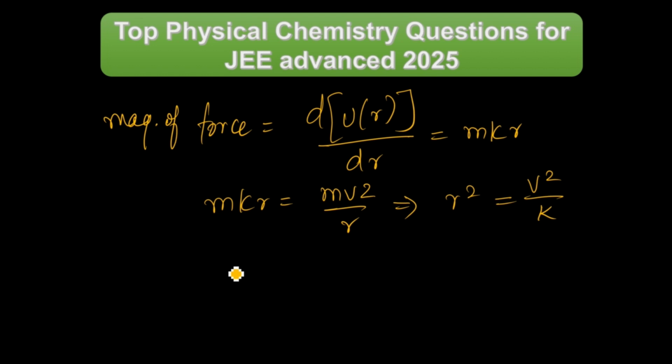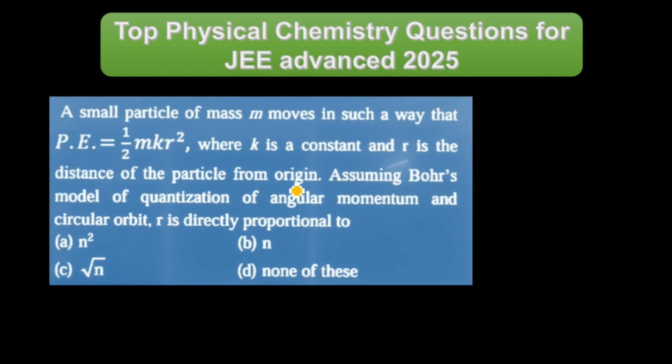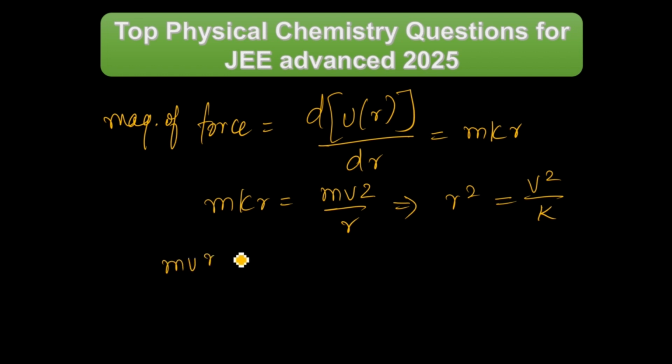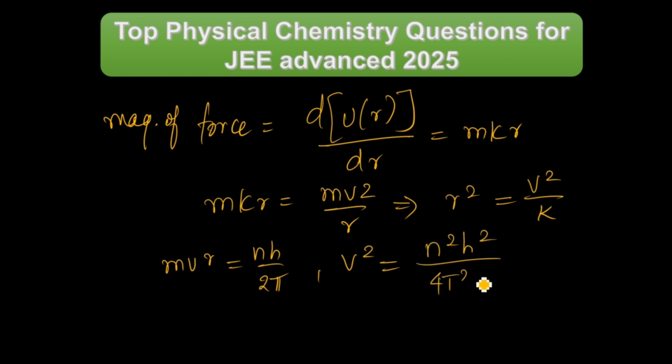So we already know for angular momentum mvr is equal to nh by 2 pi, right? So we have to know the v value, then only we can solve this. The big formula, v square is n square h square by 4 pi square m square r square, right?